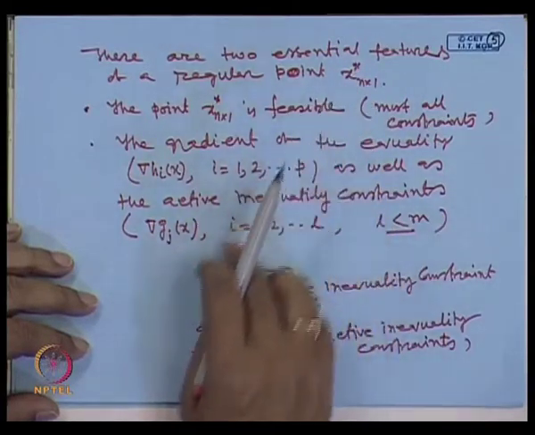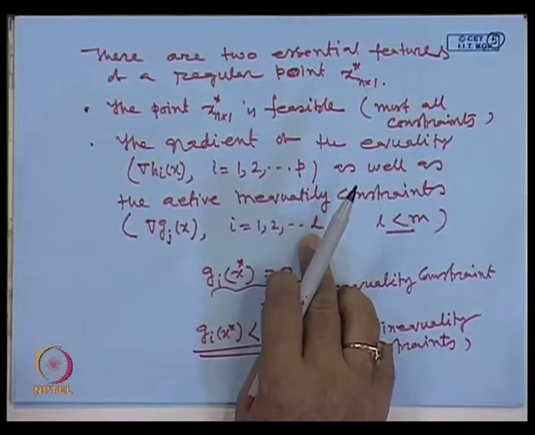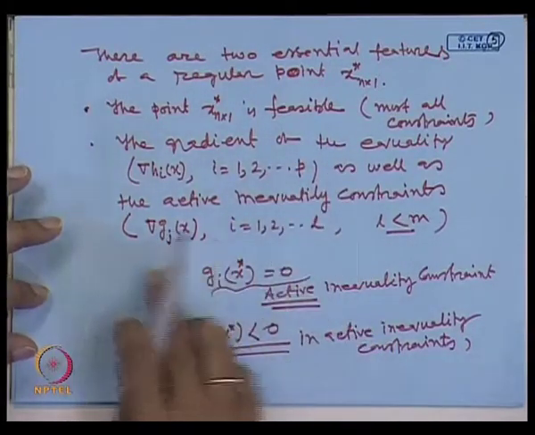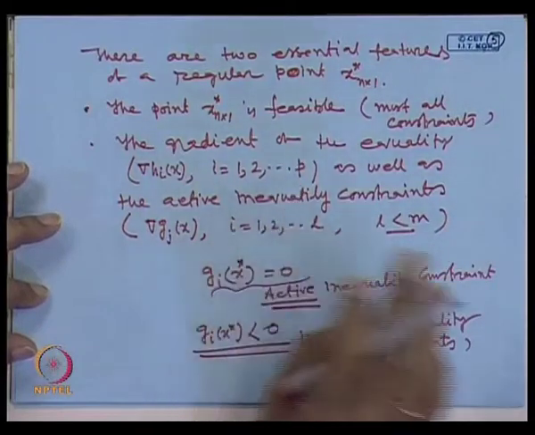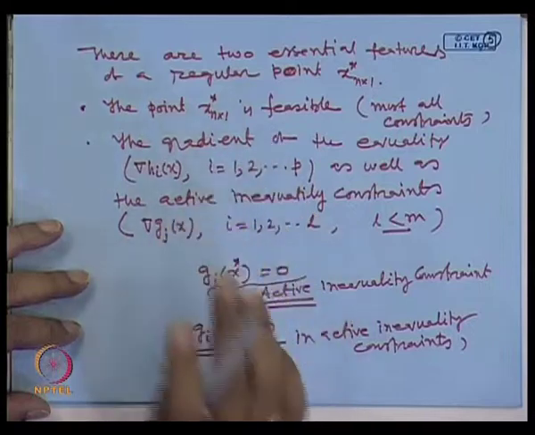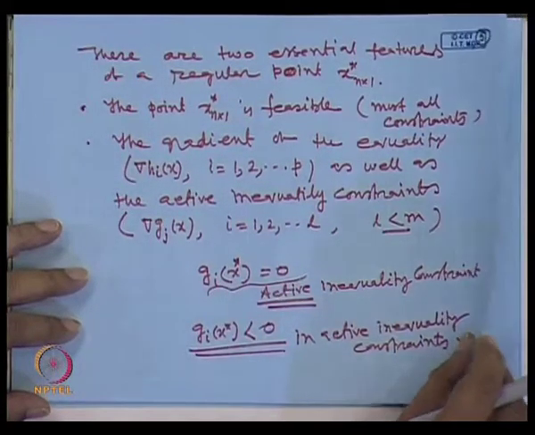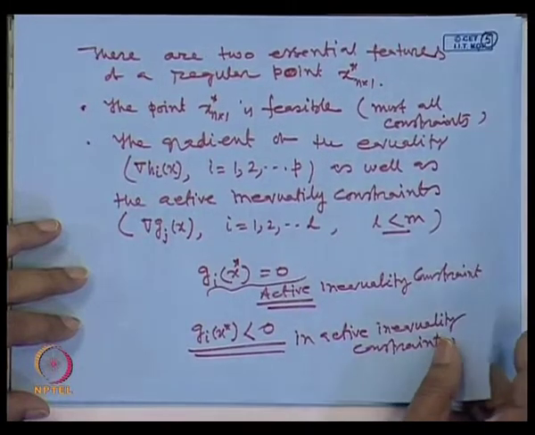So these p plus l gradients, which satisfy the original constraint equations, if they are linearly independent, then x star is the regular point of the optimization problem.